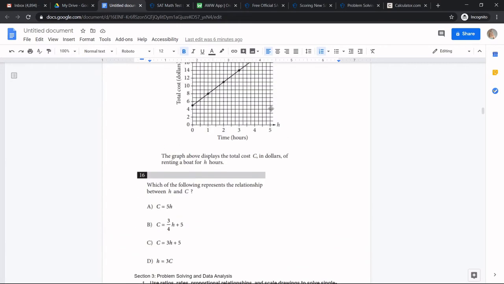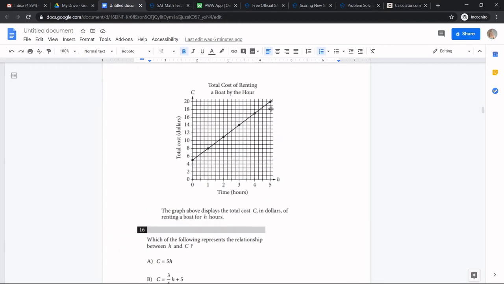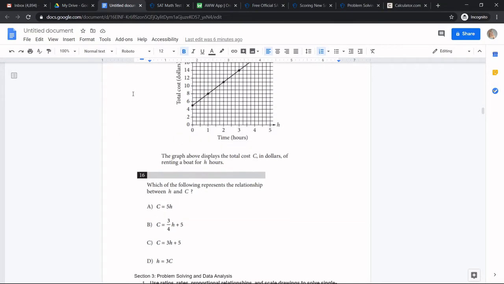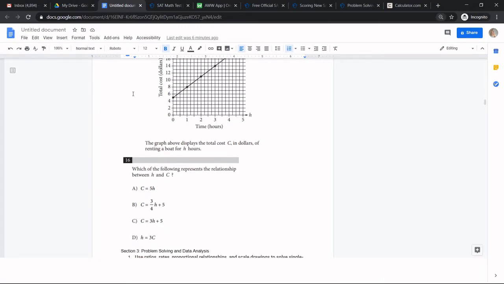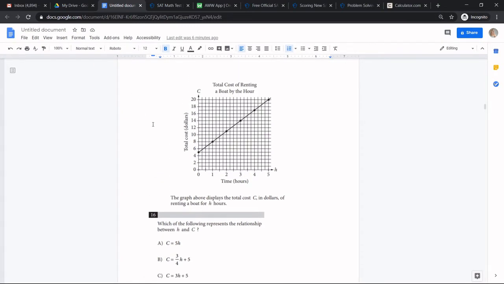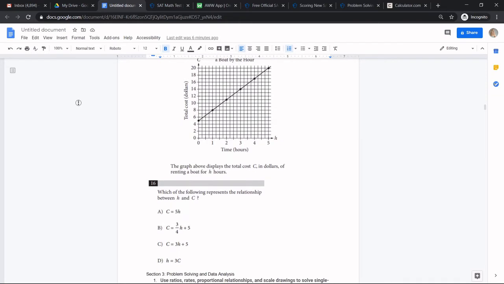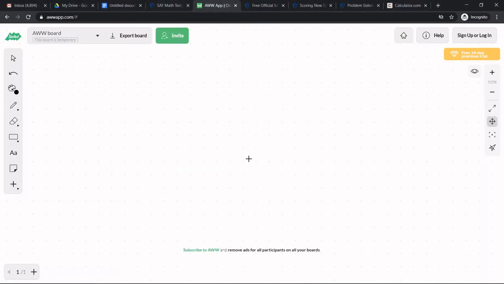Alright, this one is not too bad, and it only really comes in one type of form. Let me just zoom out a little bit on this so I can get the entire thing in. The title will be cut off a little bit, but it's the same graph, just a different problem.